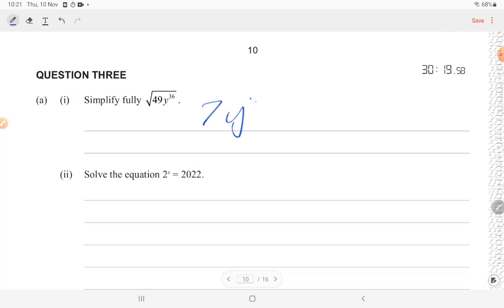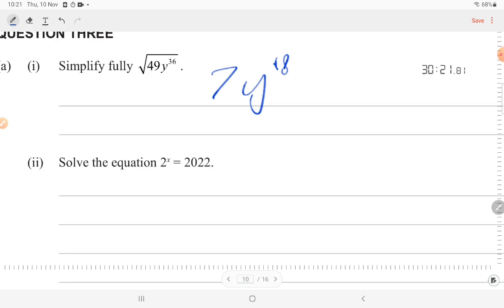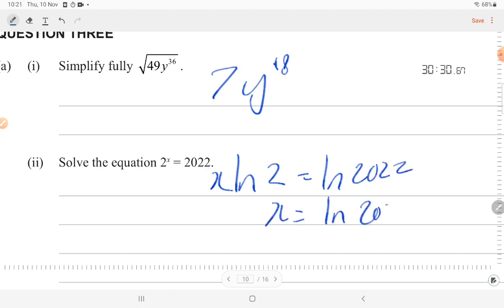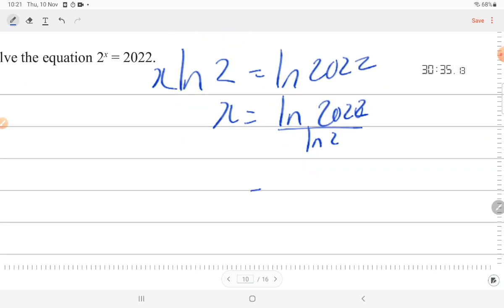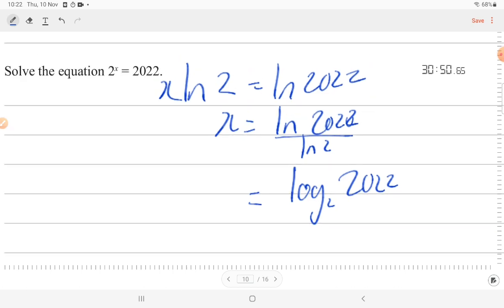Natural log of 2 is equal to natural log 2 2000. Do I need to express it as a rational number?